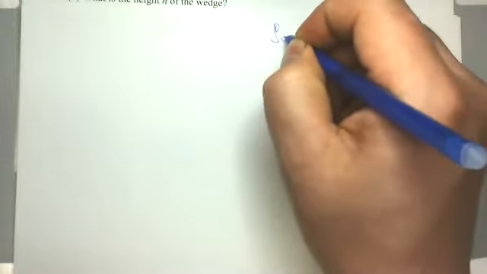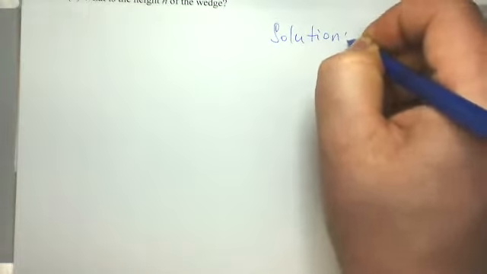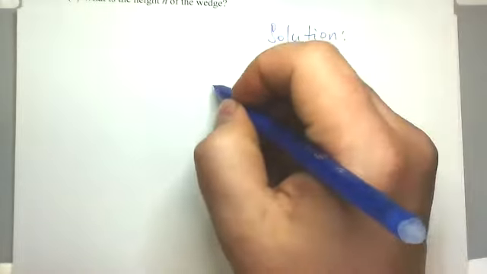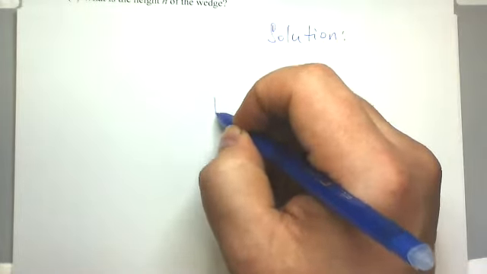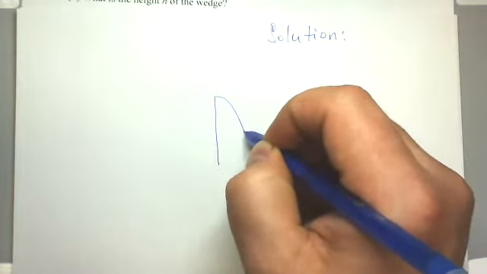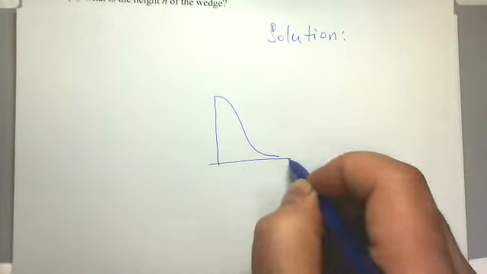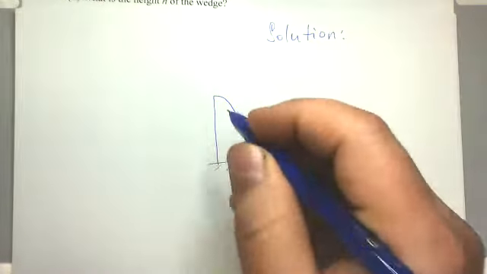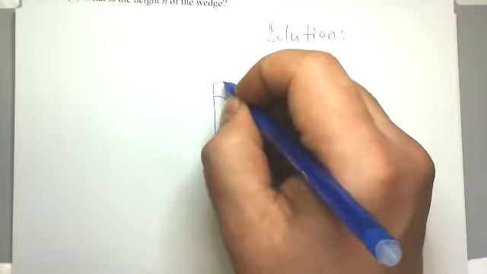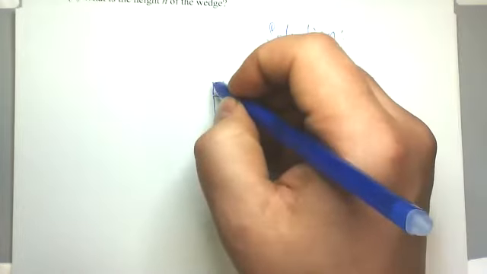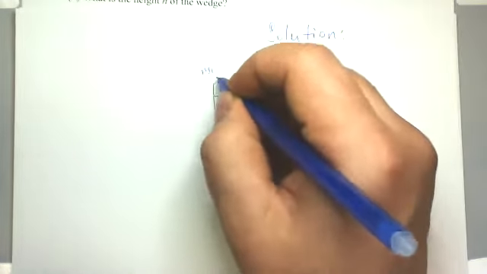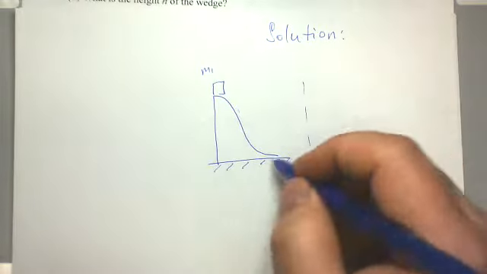So again, let me draw this figure here, just to make it easier to see what is happening. We have a curve-shaped wedge like that. The surface is frictionless. There is a block with mass m1 that sits on the top of the wedge. Nothing is moving here.